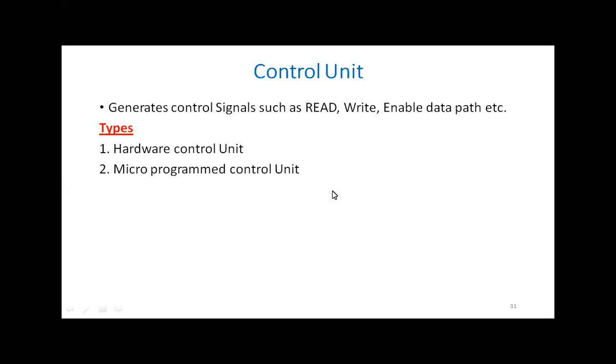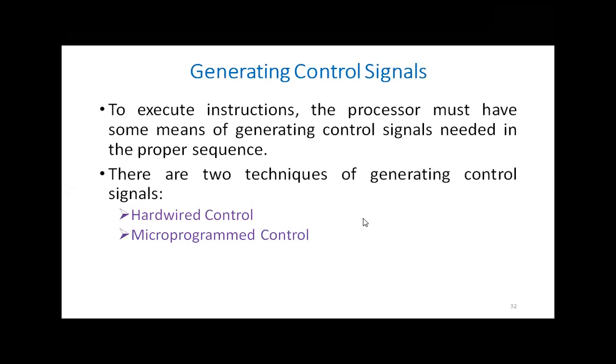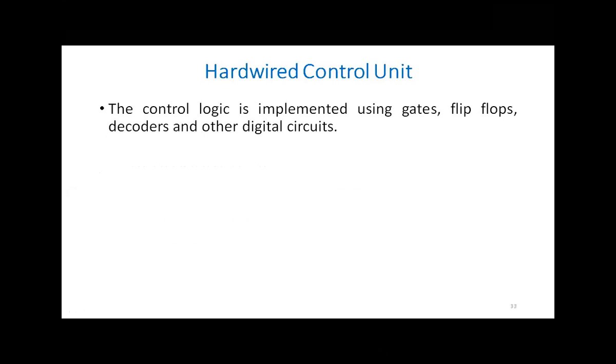Now let us discuss these two control units. As I discussed, there are two types of control signal generators: hardware control and microprogram control. The hardware control unit is made up of hardware components like logic gates, flip-flops, decoders, and other digital circuits.